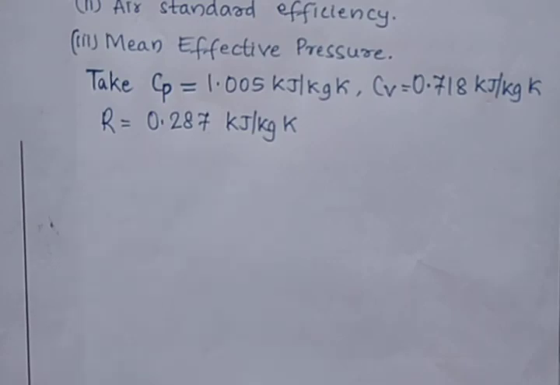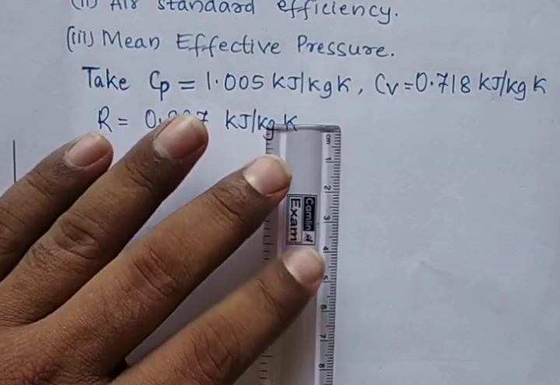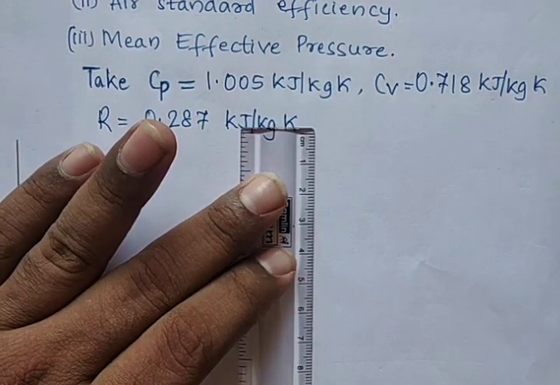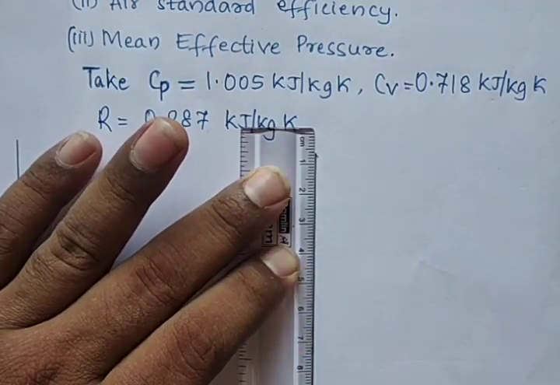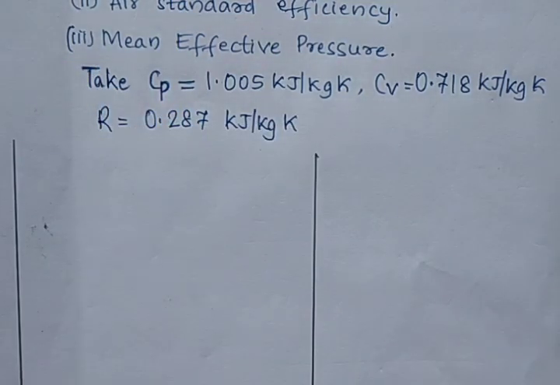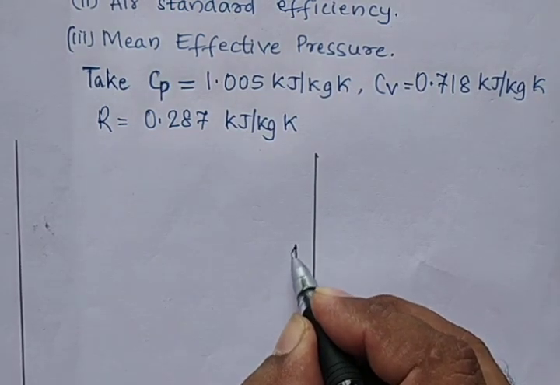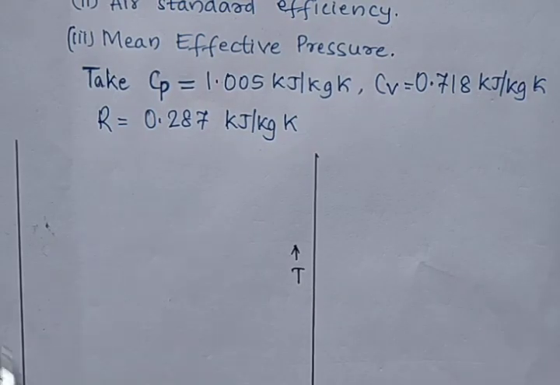By drawing this PV and TS diagram, solving the problem and finding what we need to find out, we can determine very easily. So TS diagram and PV diagram. So let me draw the PV diagram.